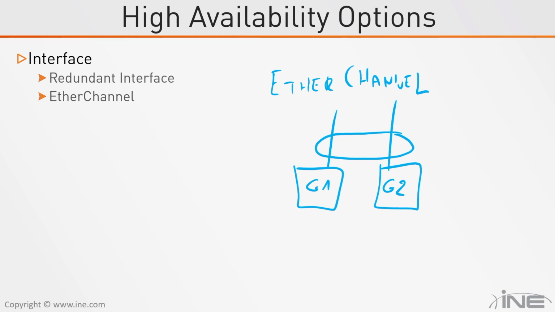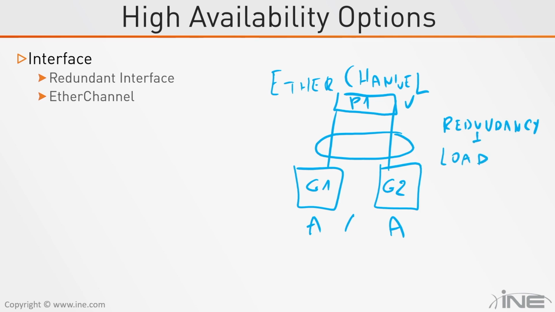So let's say that the bundle is going to be called Po1, where Po stands for port channel, and the port channel is going to be seen as up. But in this case, we not only provide redundancy, but since this is an active setup, both of these can physically handle the traffic. We also allow for load sharing.